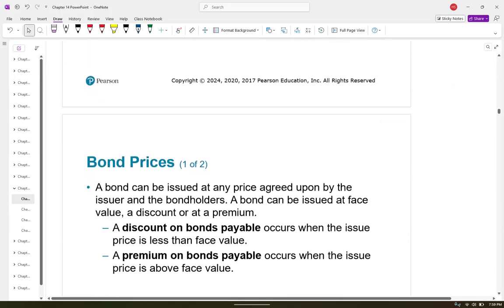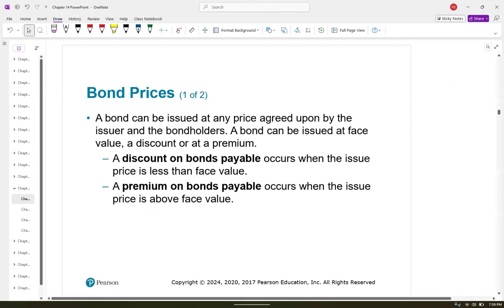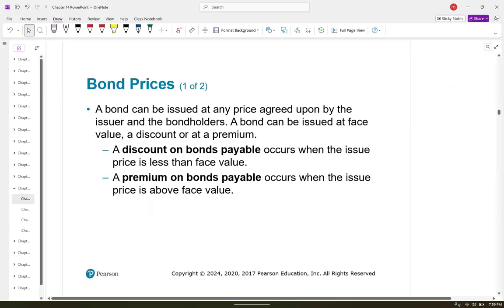Now we're going to talk about bond prices. It goes back to the stated rate printed on the bond. The market rate and the stated rate being the same would probably be a coincidence. We always do a problem where they are the same so you can see it, but then it helps to explain why we have one at a discount and one at a premium.